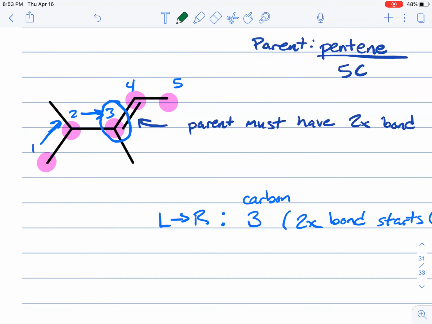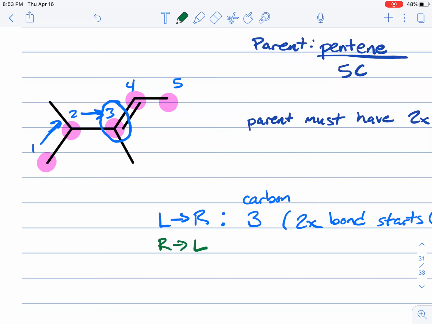Now, I'm going to do this again. Let me erase some stuff here and put this off to the side. Now, if I go from right to left, this is 1, 2, 3, 4, 5.